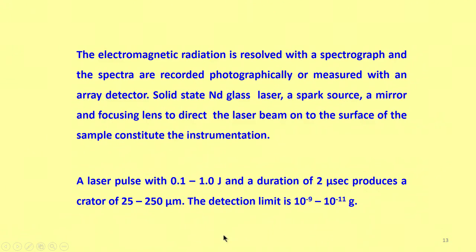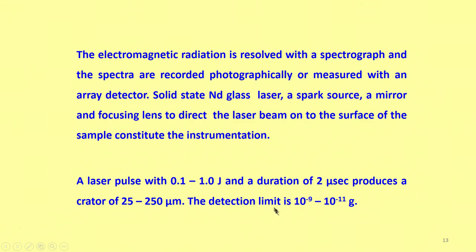An onlooker will not know that the painting has been subjected to examination, because our eye is not sensitive enough to sense a 250 micrometer crater, even in paper. That is the beauty of chemical analysis using lasers.